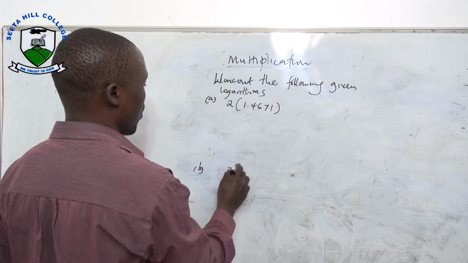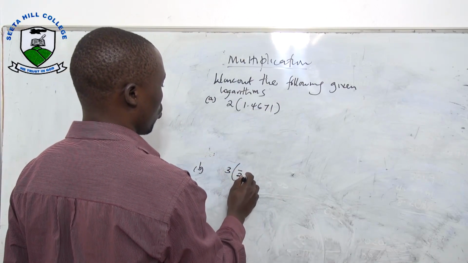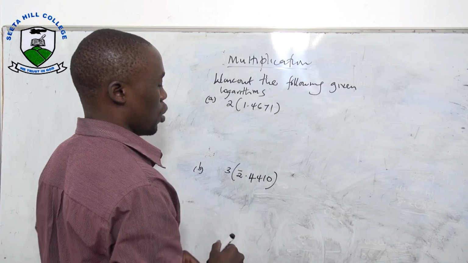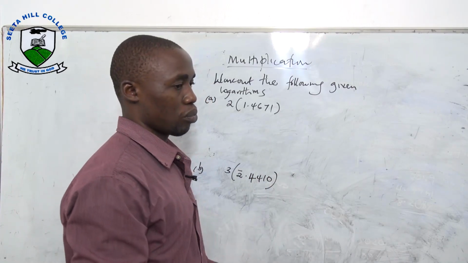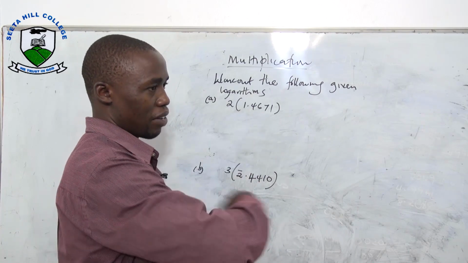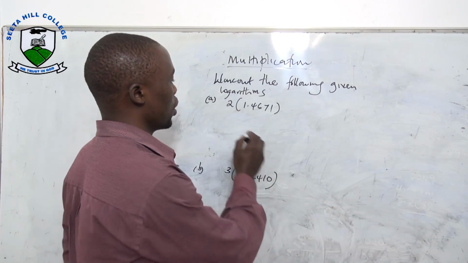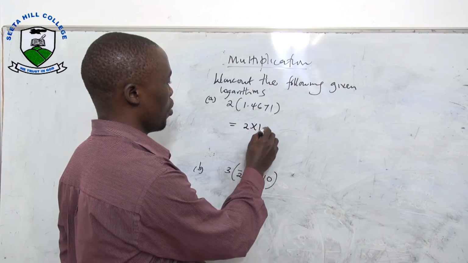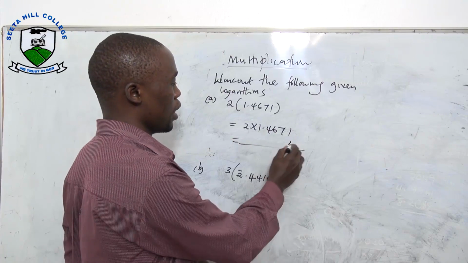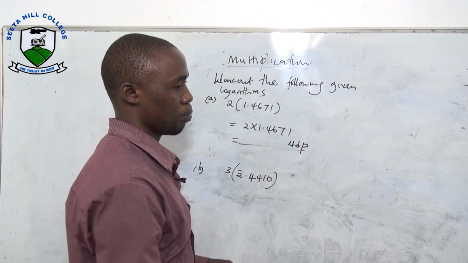Then you have a scenario like this, negative 2.4410. Now look here. When it is positive, multiply direct. So you'll have 2 times 1.4671. That will give you an answer there. Maintain it for decimal what?